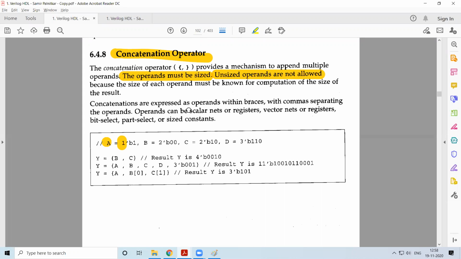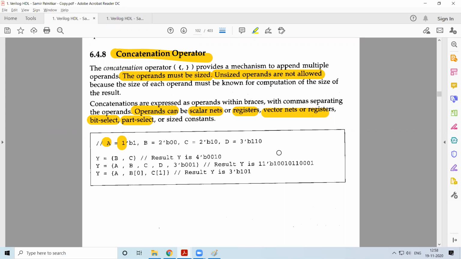That is, your operands can be scalar net data types and registers, and vector net data types or registers. And you can even perform bit-level concatenation. So only specified bits I want to concatenate, I can perform that, and only a selected number of bits, I can do those also.